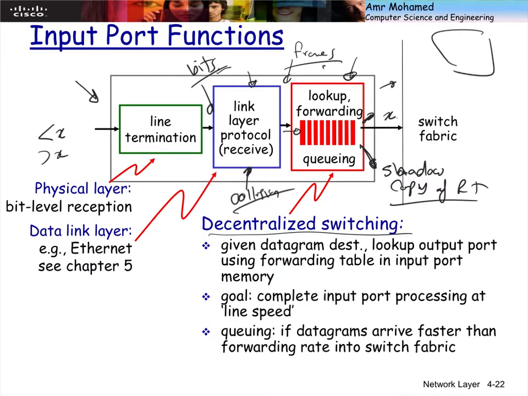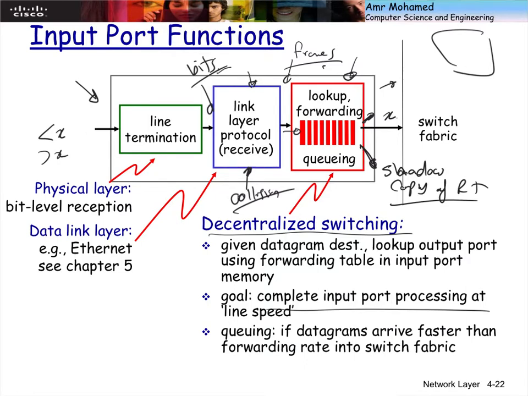But because the lookup and the switching have to happen very fast, they do it in hardware, and the way they do that is by creating a shadow copy of the routing table at every single input port. So there is complete input port processing at line speed, done independently at every single input port.